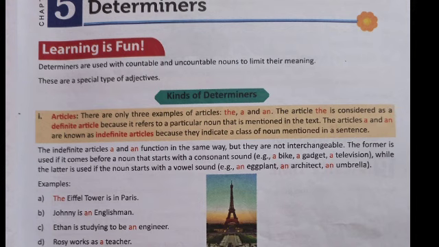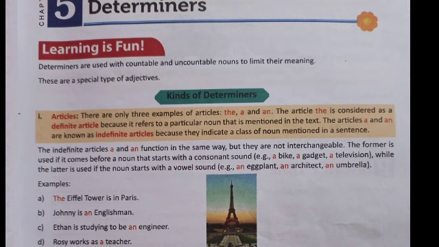One of the main things you have to know, children, is the usage of indefinite articles a and an. Article a is used before a noun that starts with a consonant sound. Already you know what a consonant sound is. Except vowel sounds, that is except a, e, i, o, u sounds, all other sounds are called consonant sounds.